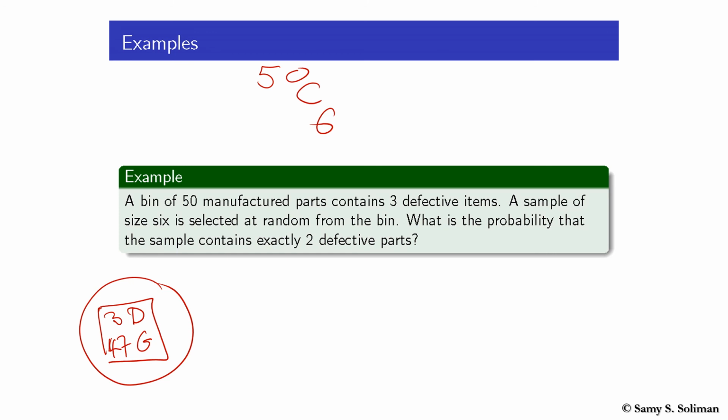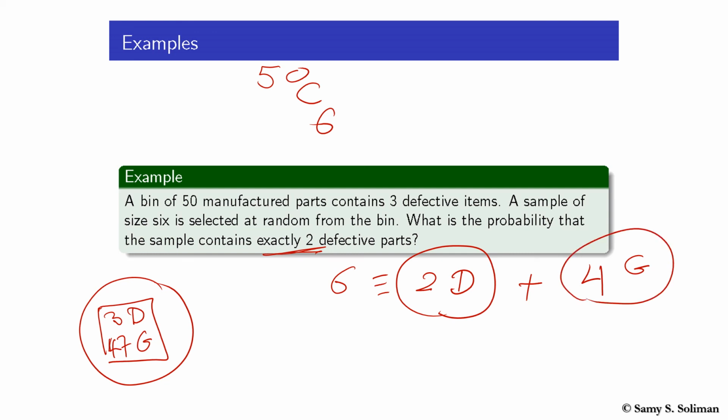Now let's continue. What is he asking about? He asked about the probability that the sample contains exactly 2 defective parts. So that means that out of these 6 we have 2 defective parts, and then by default the other 4 parts will be good parts. So he is asking about the probability that those 6 samples include 2 defective and 4 good.